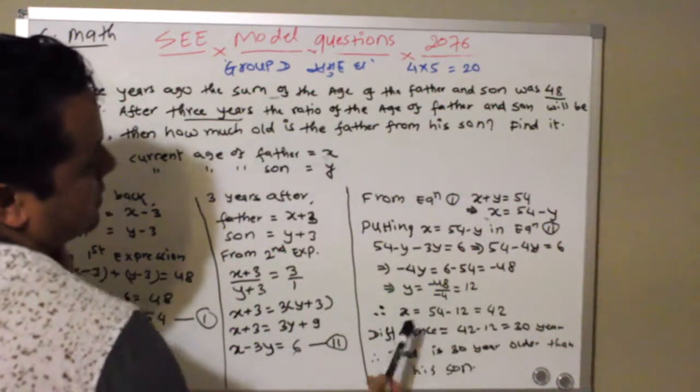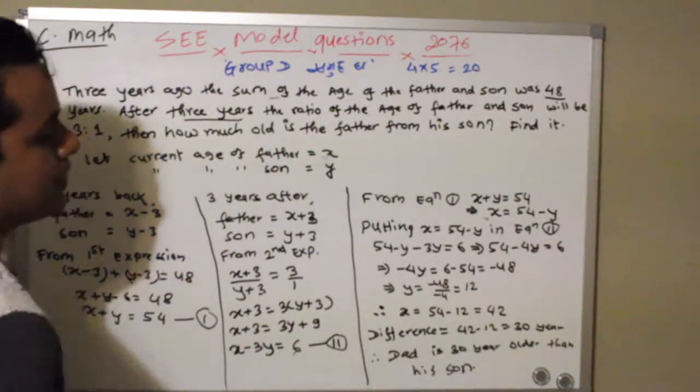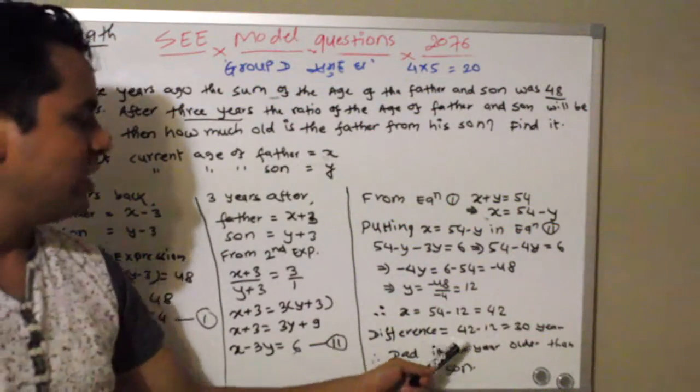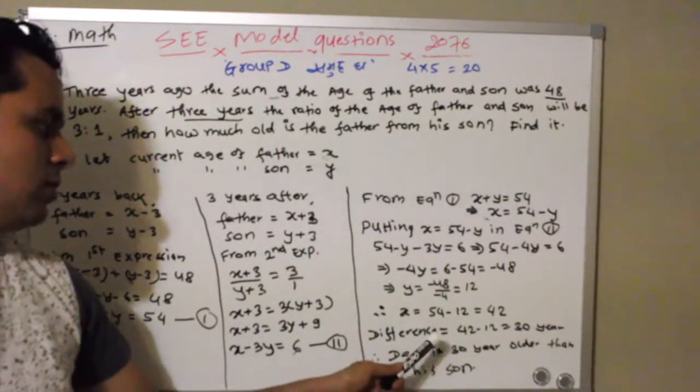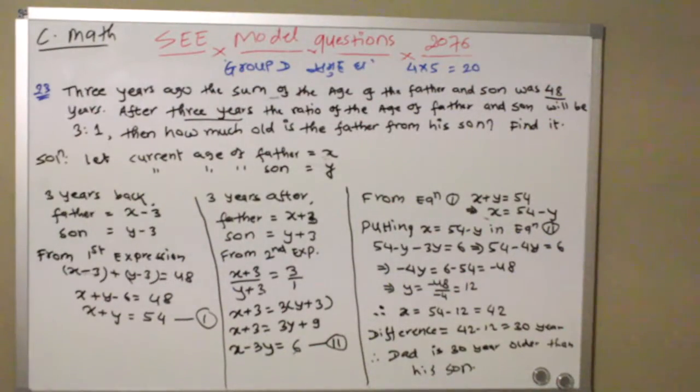I got the value of y is 12, and putting that back, x equals 42. This is not my answer. The question asks for the difference between the dad and son, so the difference is 42 minus 12, which is 30 years. So the father was 30 years older than his son. That's it. Thank you.